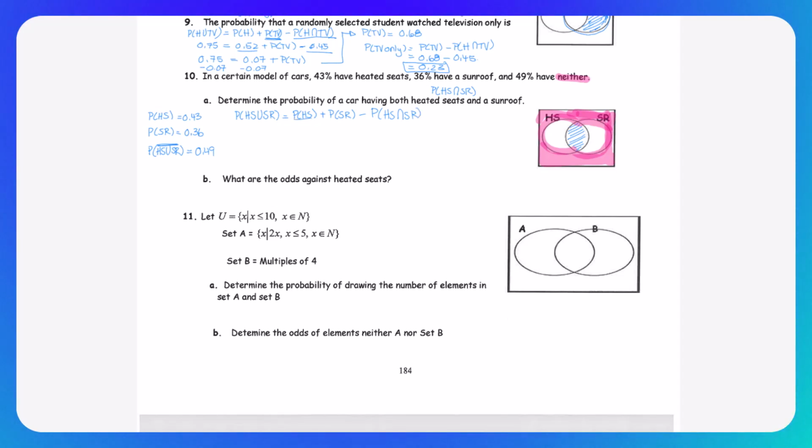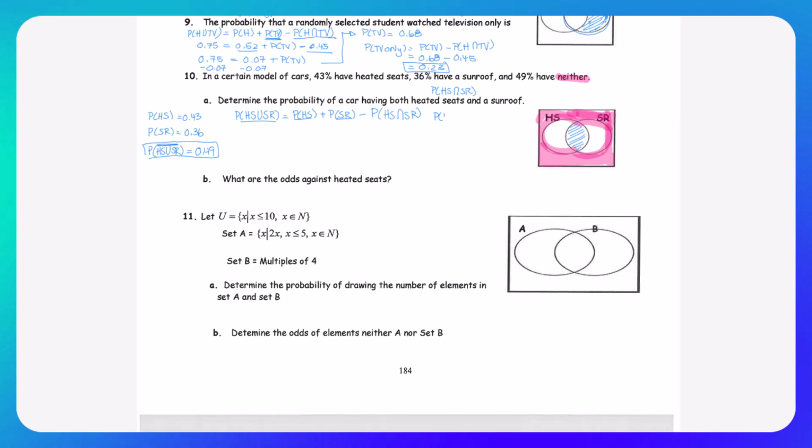Well, if we knew this, we could figure it out. We don't know it directly. We actually have to calculate it. But we can calculate it from this part because we know that the probability of everything has to be 1. Let's write this down.